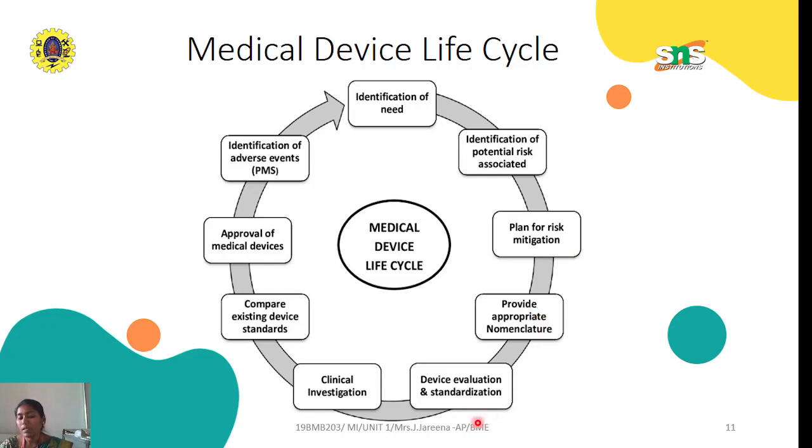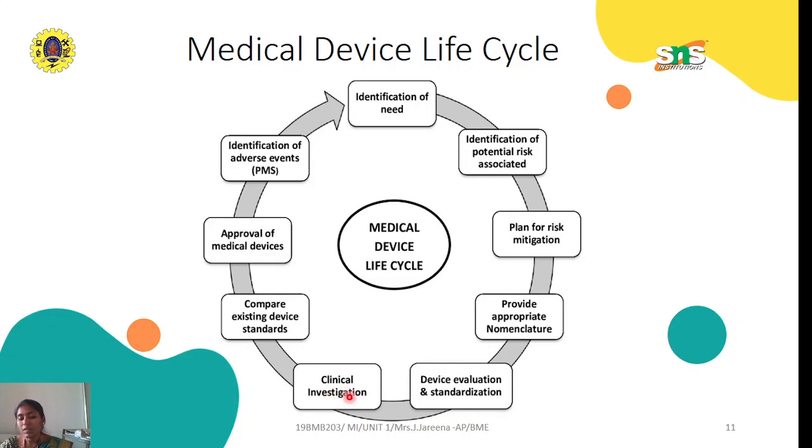Once that is done, we go for device evaluation and standardization. You have to keep your device under test, all different types of tests, in order to evaluate the device performance, and you have to check the standardization. Once all the tests related to the device are completed, you go for clinical investigation with direct contact with people.